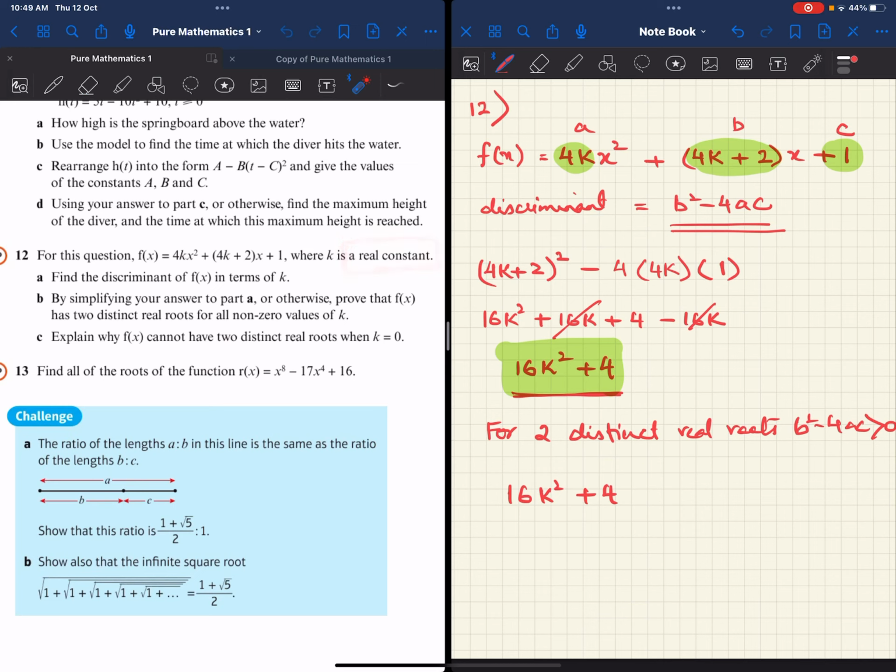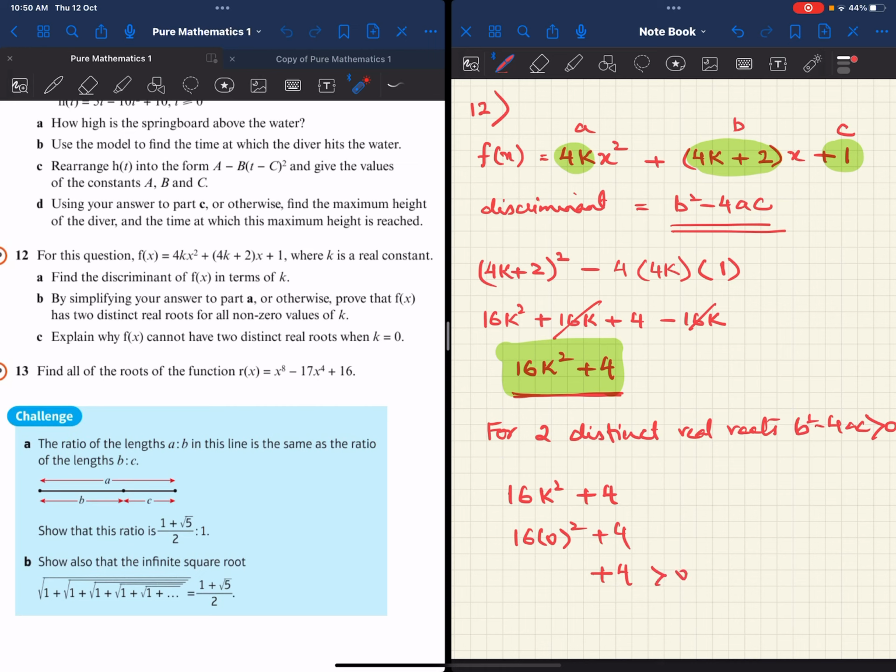If k is positive, then definitely this whole expression is going to be greater than 0. The other option is if k is negative. If k is negative, then also k squared will be positive. So then also this whole expression will be greater than 0. The third option is that k is 0. If k is 0, so for example, 16 into 0 squared plus 4, then also the value is plus 4, which is greater than 0.